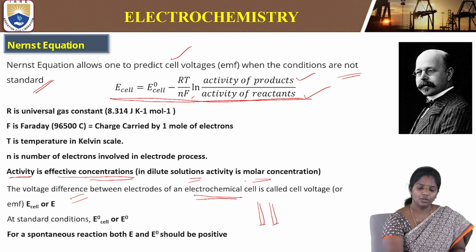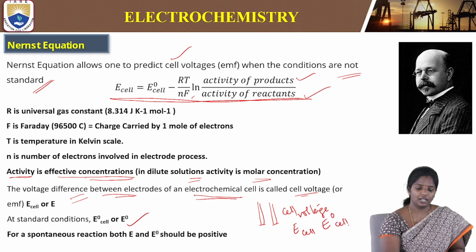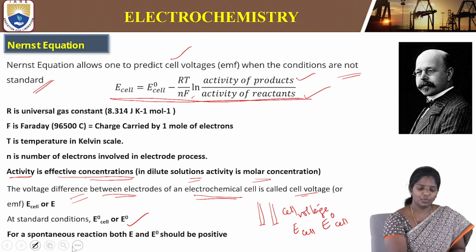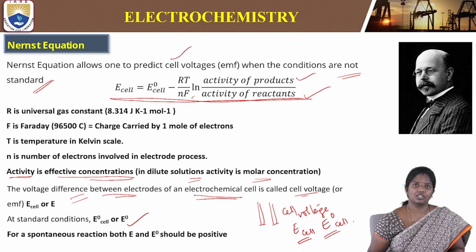The voltage difference between the electrodes is given as the cell voltage, or E cell, and at standard conditions, it is E naught cell. For a spontaneous reaction, both E and E naught should be positive.